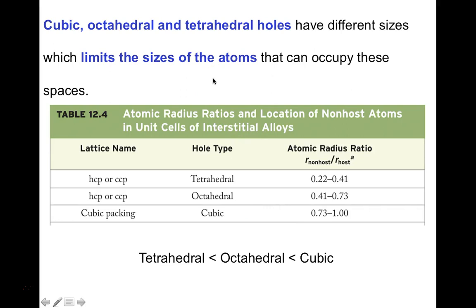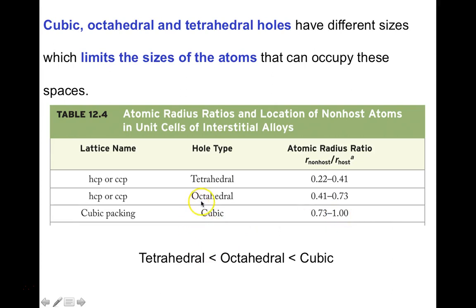So these holes have different sizes, and perhaps not surprisingly, the biggest of these are the cubic holes. And the cubic holes can be up to the size of the host. So the cubic holes run from about 0.7 to 1 times the size of the host.